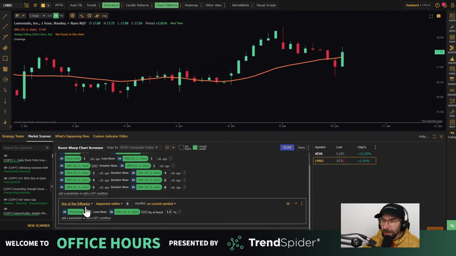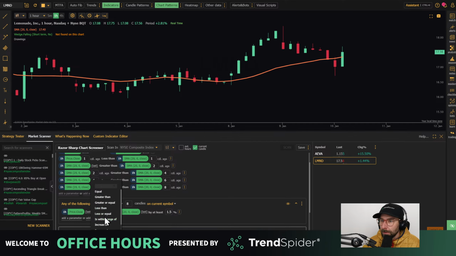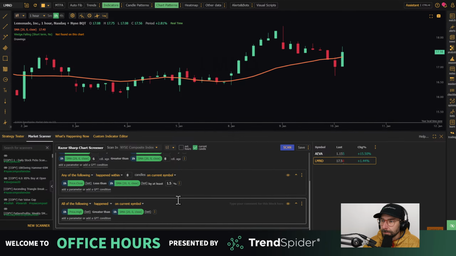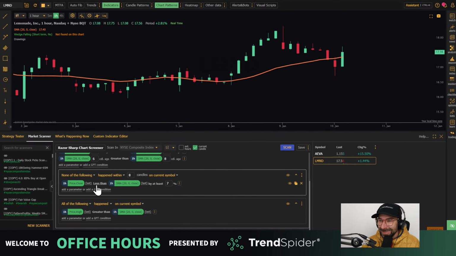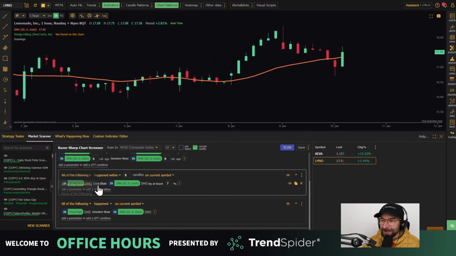Well, you could also, if you wanted to, define, let's add another condition group here. You could say price high is greater than indicator SMA by at least 7% within the last 8 candles, and you could say it wasn't. Actually, I guess we should say all the following on this particular one, because I said less than.